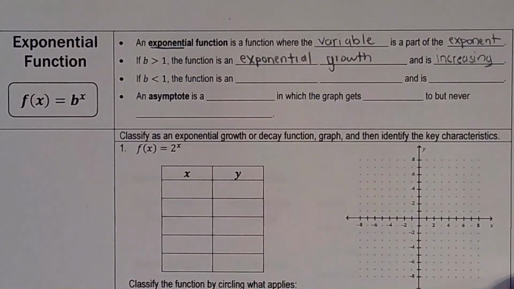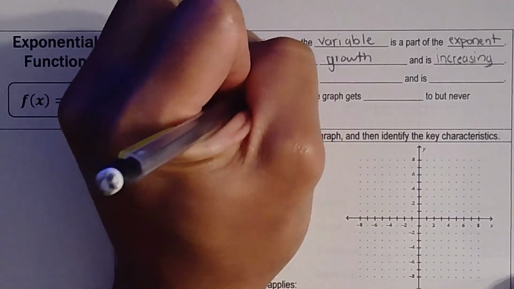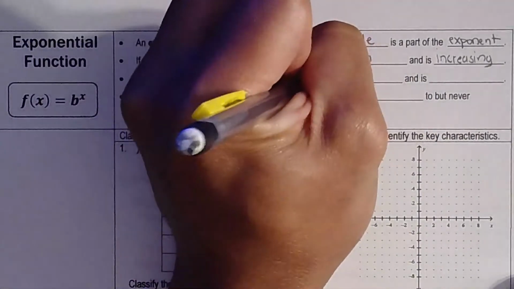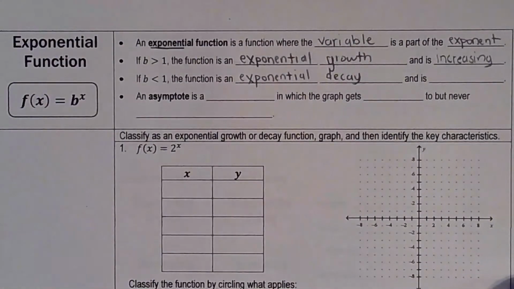If b is less than 1, the function is an exponential decay. So the opposite of growth is decay, and it is decreasing.